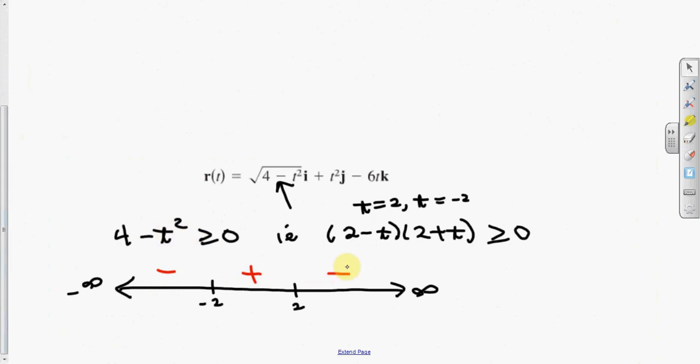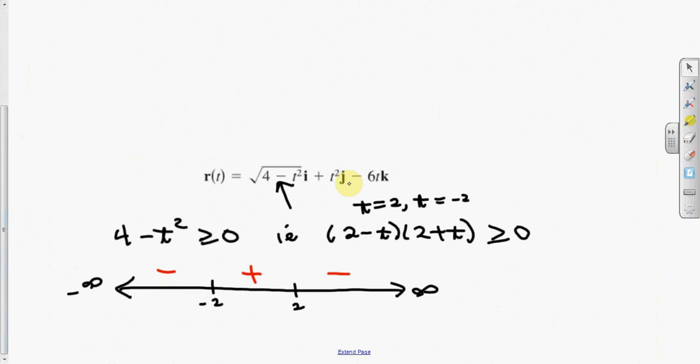So where the function r of t is positive, no concern with t squared j and negative 6t. Those values are true for all real numbers there. Only time we have restriction is if it's a fraction. I look at my denominator. If it's a radical of an even root, like square root, fourth root.